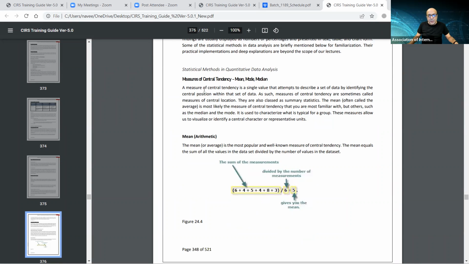One of the things we talk about in statistics is what we call measure of central tendency. Central tendency means anything that deviates from standard. This is more like bivariate data.